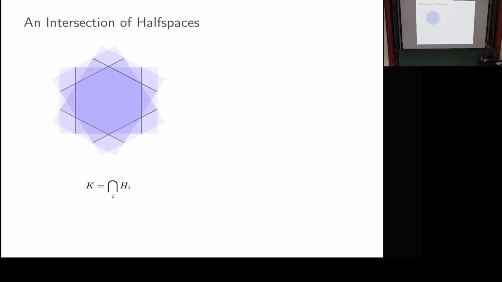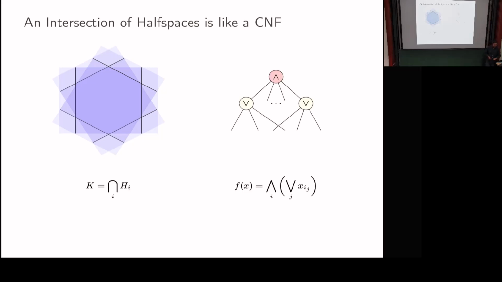I gave a few examples earlier, and you might have guessed this already, but an intersection of half spaces behaves a lot like a CNF formula. The intersection looks a little bit like an AND, and an OR is a little bit like a slab or half space. Just to introduce some language, I'm going to call an OR of variables a clause.